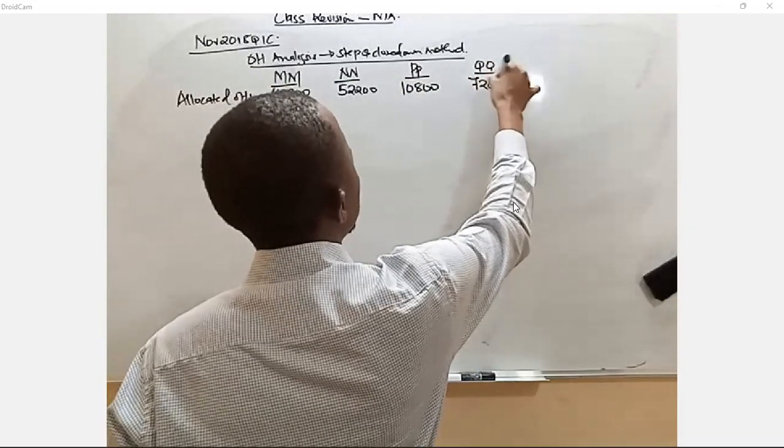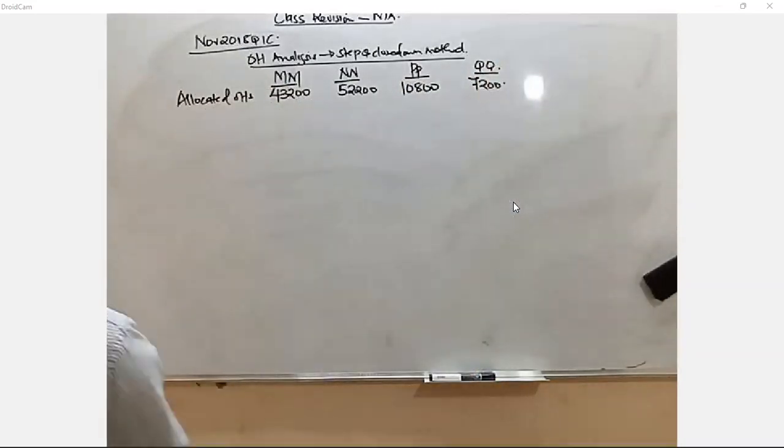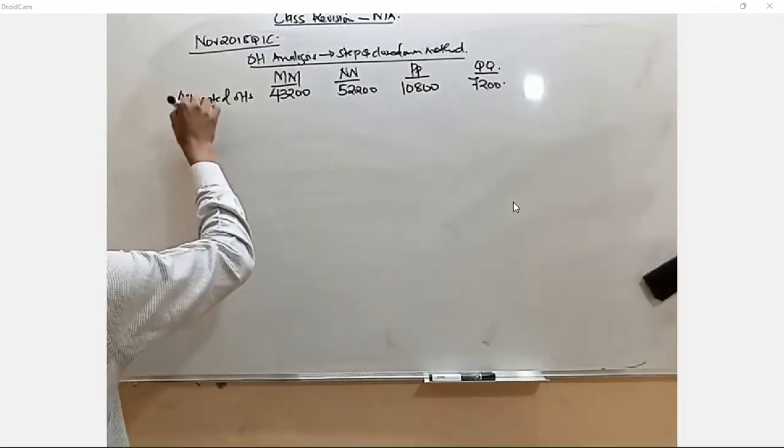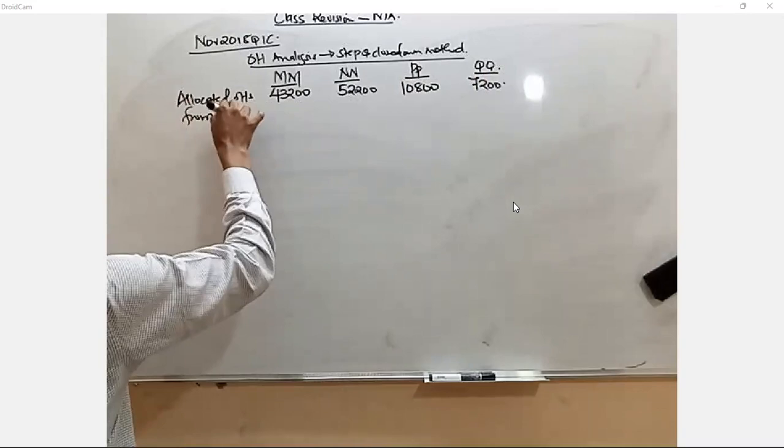When you are using the step and close down method, what am I supposed to be doing? Very simple here. You identify the service department which is allocating its proportion to the others. You can see PP is allocating 30% to QQ. So allocate it first, from PP.